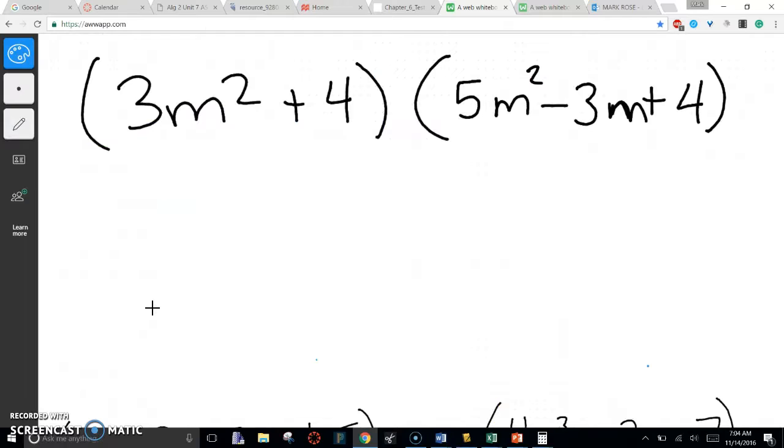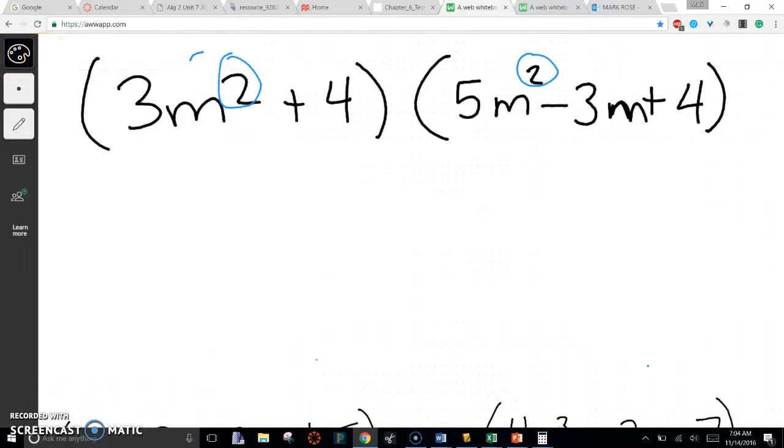A couple other things we can do is multiply, add, or subtract these monomials, binomials, or trinomials. So right here I have a binomial, or a quadratic binomial because it has a second degree. I'm going to multiply it by a quadratic trinomial and see what I get.